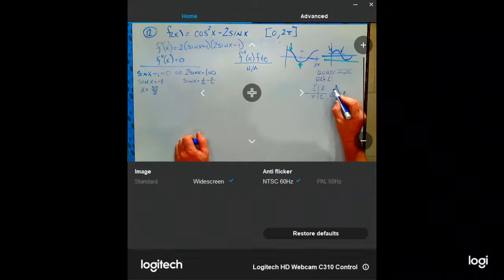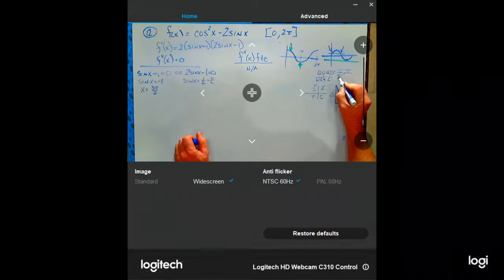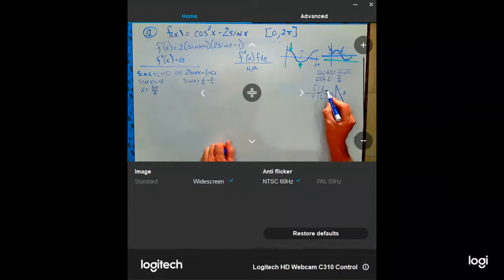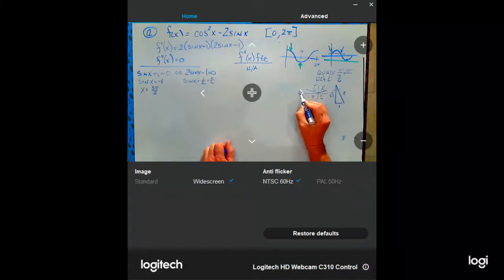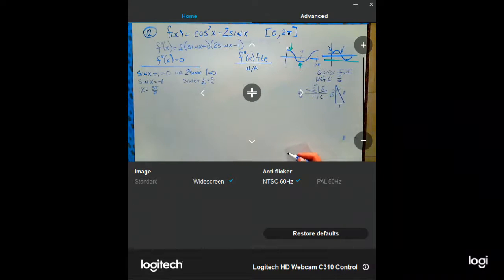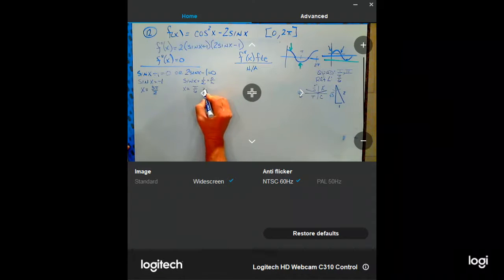Sine is opposite, so this is going to be my reference angle. So my reference angle here is going to be pi over 6. I need pi over 6 in quadrant 1. I need pi over 6 in quadrant 2. This is 6 pi over 6 because that's pi. So what do we get for our two angles here? We get x equals pi over 6 or x equals 5 pi over 6.